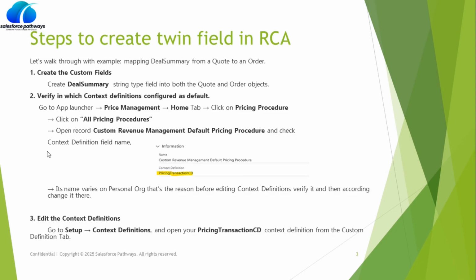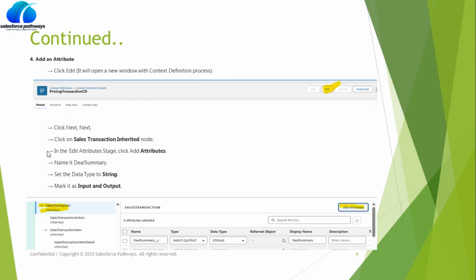Click on it and you can see the context definition, which you can find under the Context Definition tab under Setup. We'll show you; you can follow the steps. It's very clear.